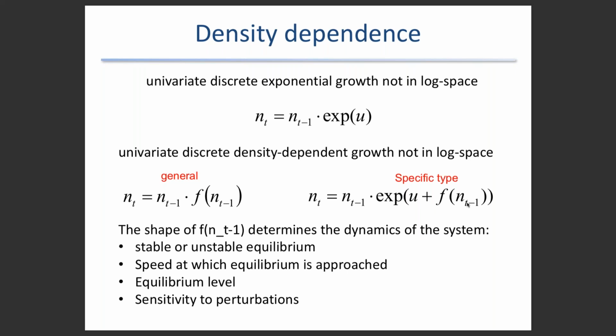And conversely, as this gets really small, we're going to have this go typically to 0, so that as N is small, this function goes to u, so you get back to exponential growth. That's not always the case. We obviously could have depensation, where the opposite happens: as the population gets too small, growth rate goes negative again. But in general, as the population gets really small, this drops out, and you go back to exponential growth.